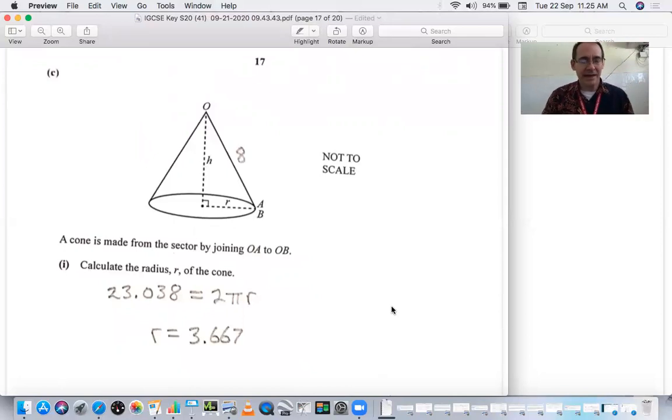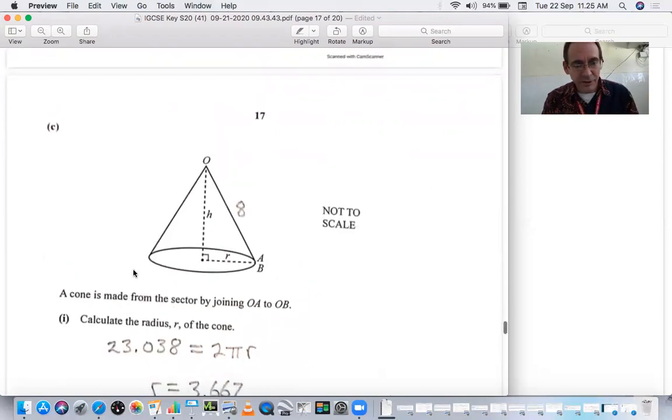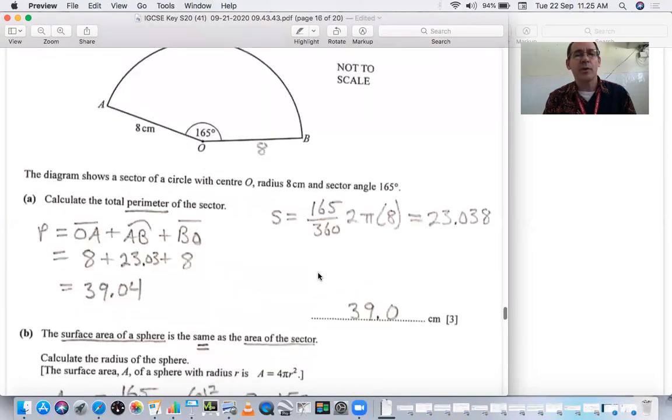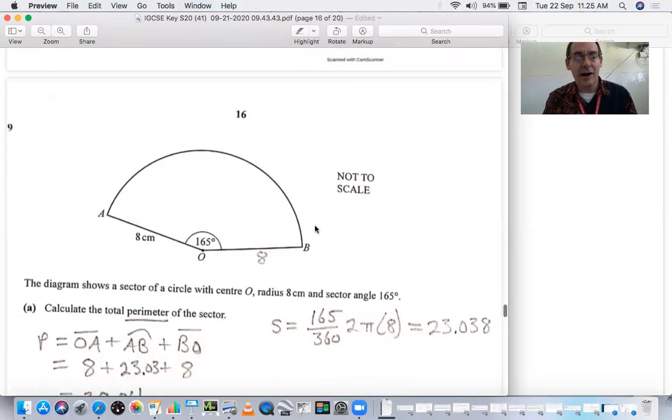Going on, a cone is made from that sector by folding that sector around until it makes a cone, which means that the circumference of the circular base will be equal to the arc length of the sector.